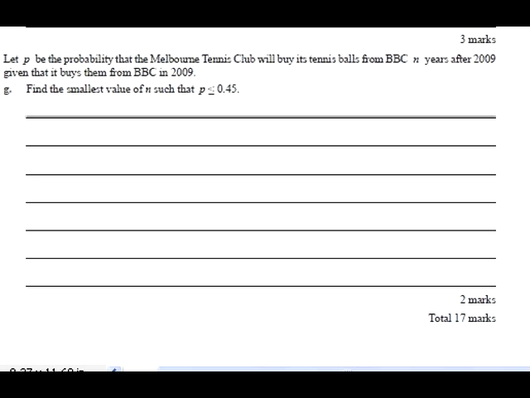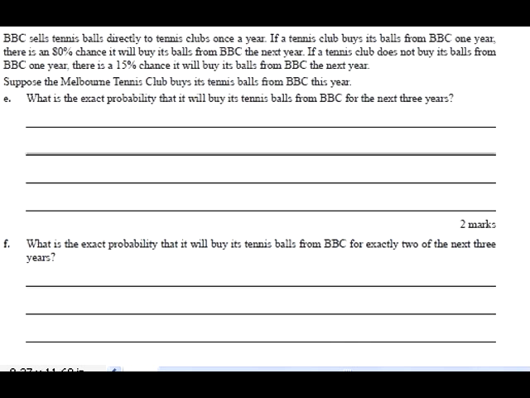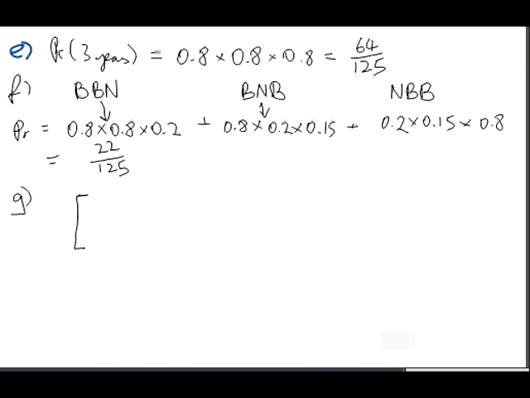What's going on? Do you need that matrix? Yes. Now is the time. So let's draw that matrix out. We know that the probability of us buying balls from BBC 1 year is 80% if it bought it the previous year.